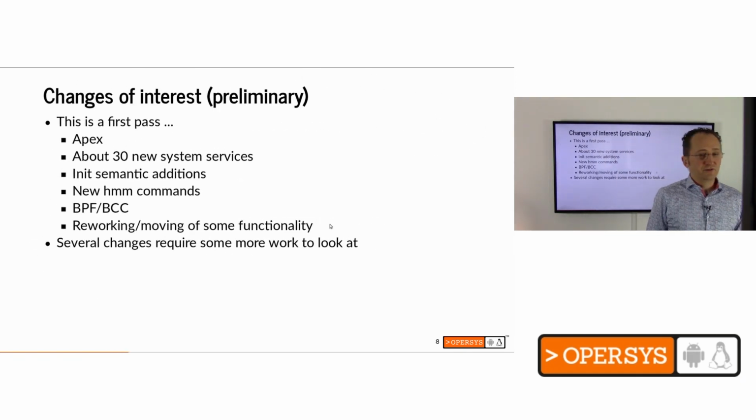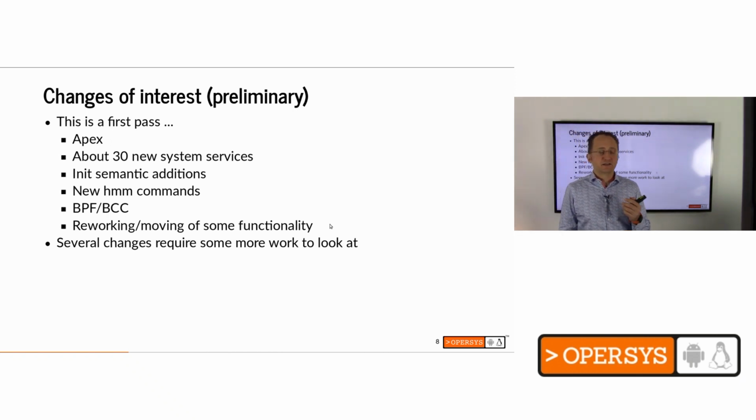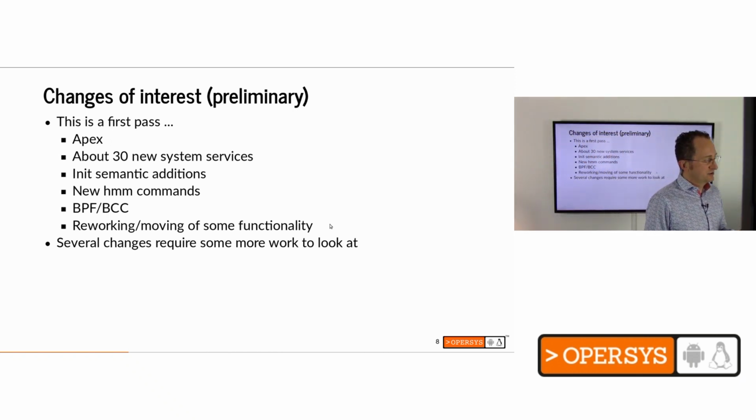Okay. The changes of interest, at least the ones that caught my eye. That doesn't mean there isn't anything else that has to be looked at, but those are the ones that on a first pass were of interest to me to explore further. There are certainly other changes which are more internal in terms of algorithms being used and things like that.